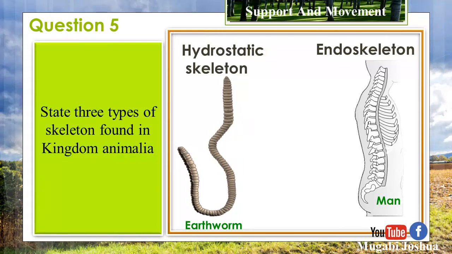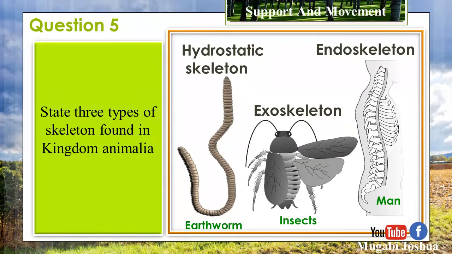And then we have the third one, the exoskeleton, like that found in insects. Those are the 3 types of skeleton found in Kingdom Animalia: hydrostatic skeleton, endoskeleton, and exoskeleton.